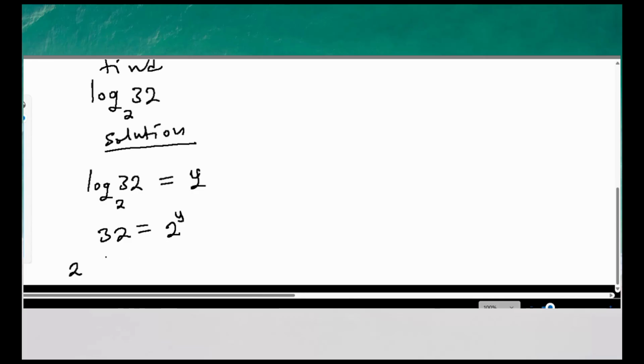We just saw that 2 raised to the power 4 gave us 16, right? Then let us check 2 raised to the power 5. 2 times 2 times 2 times 2 times 2, 1, 2, 3, 4, 5. So let us do the multiplication. 2 times 2, 4, 4 times 2, 8, 8 times 2, 16, 16 times 2, 32.